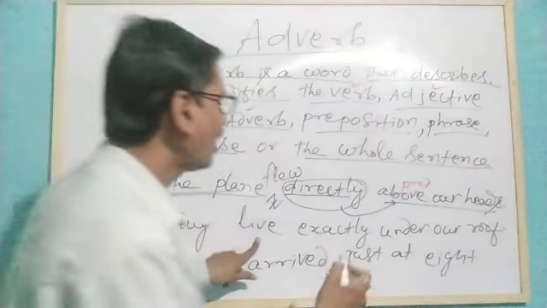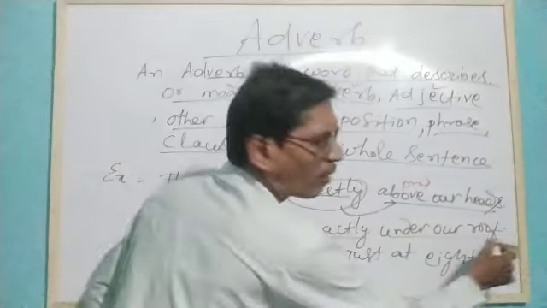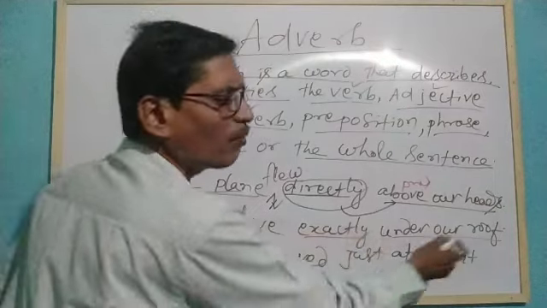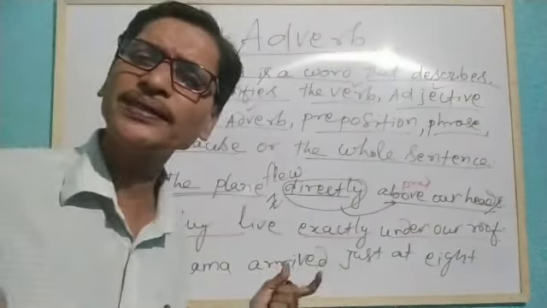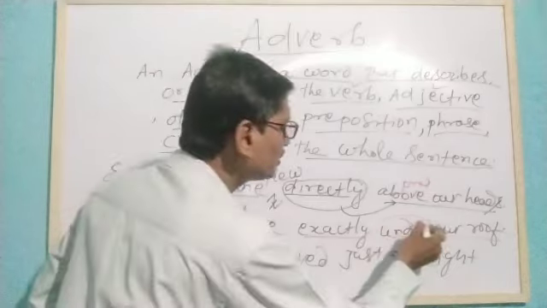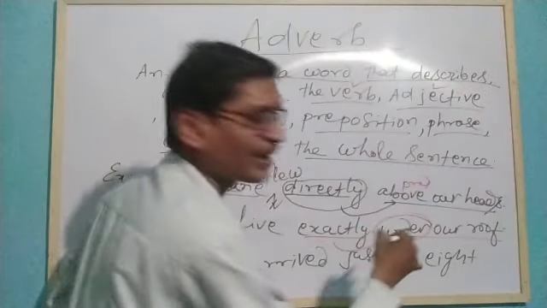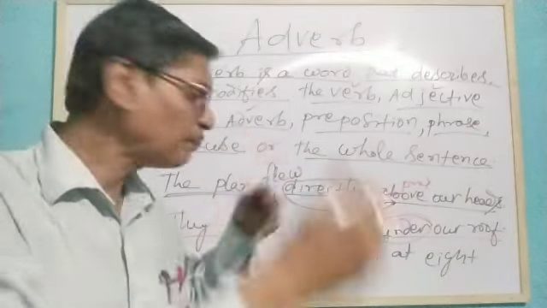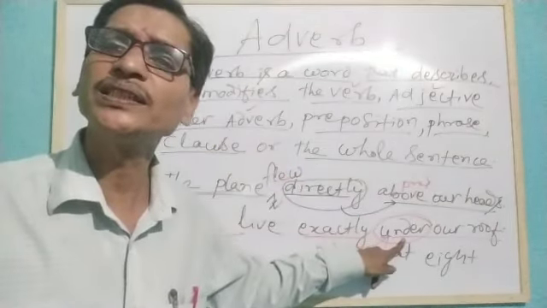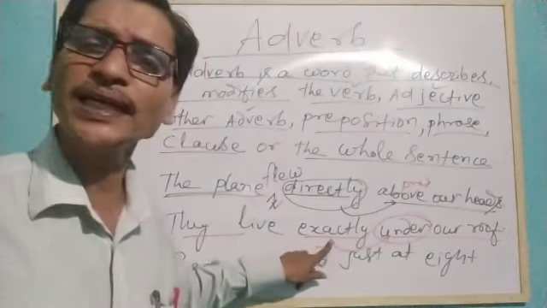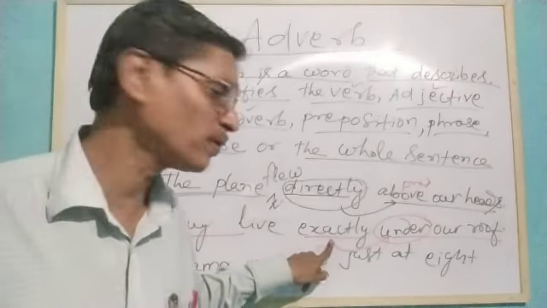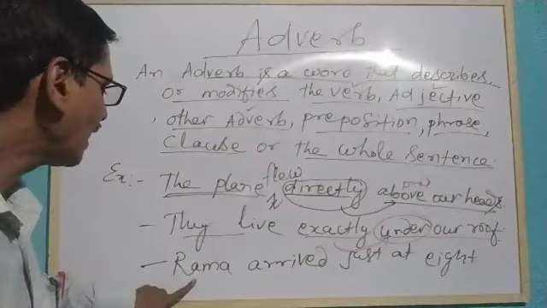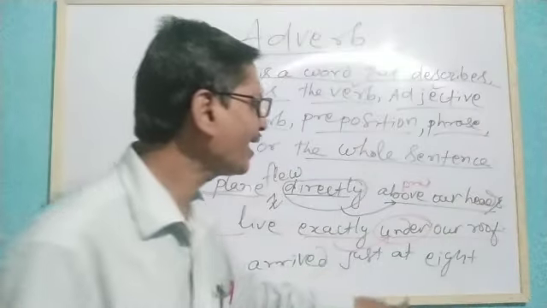They live exactly under our roof. They live under our roof is a sentence we can make. But here, exactly under: exactly is enhancing or modifying the meaning of the word under, which is a preposition. So here exactly is functioning as an adverb of this preposition. Understand? Similarly, Rama arrived at 8.